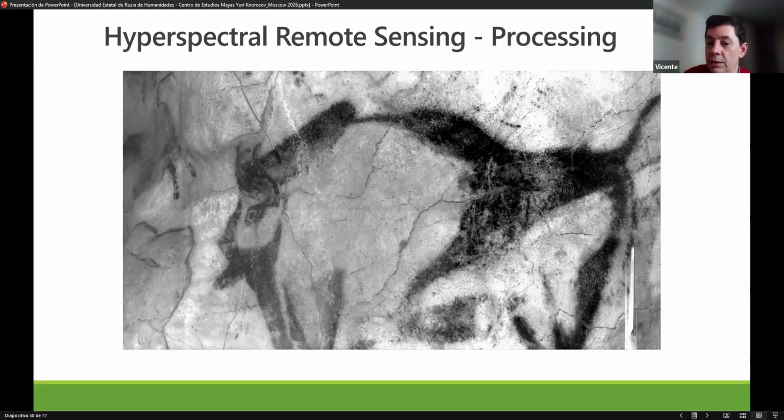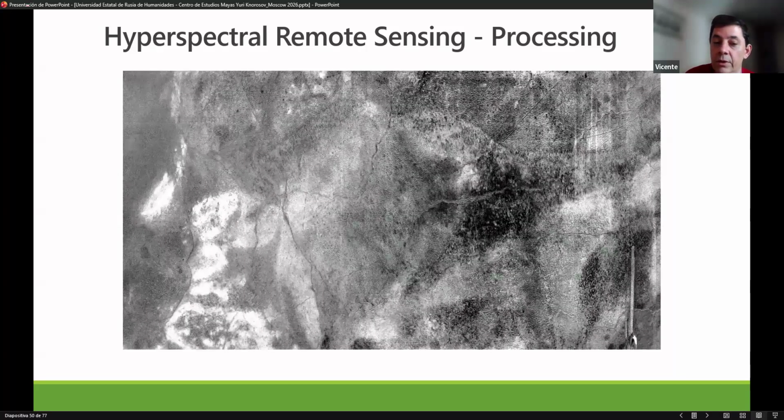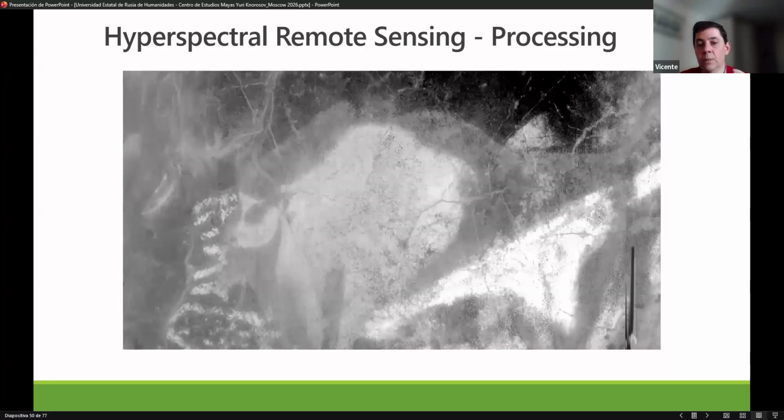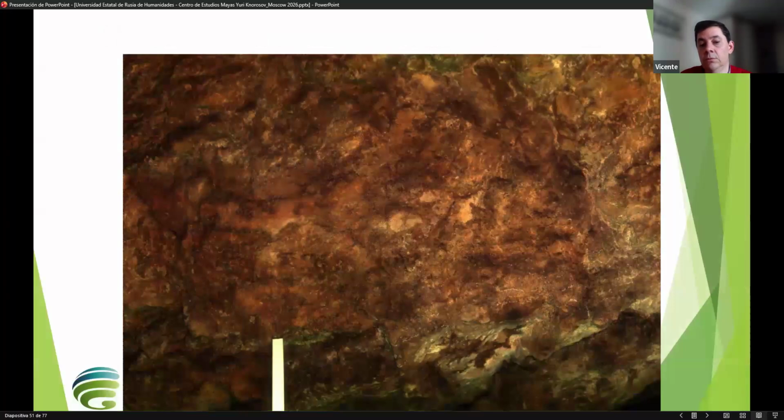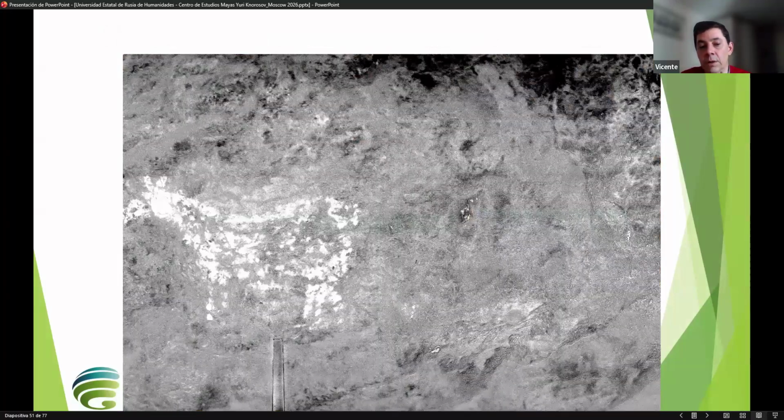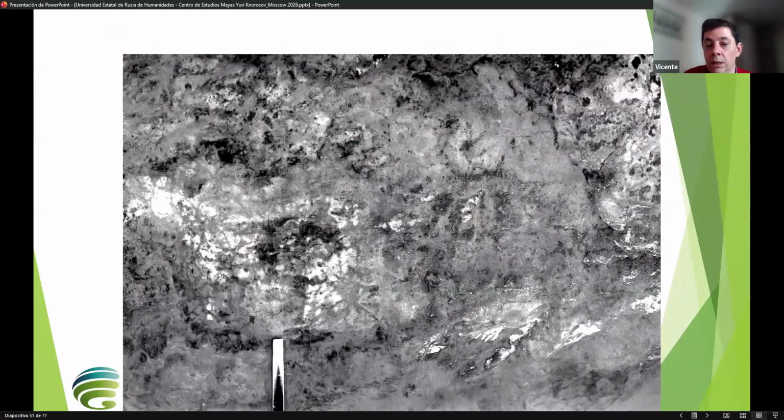This is the black pigment of the bison. This is another, different ochre pigment in the front of the bison. So here you can separate colors. And what is this useful for here? This is what you see, and when you apply remote sensing, suddenly one deer appears like this.